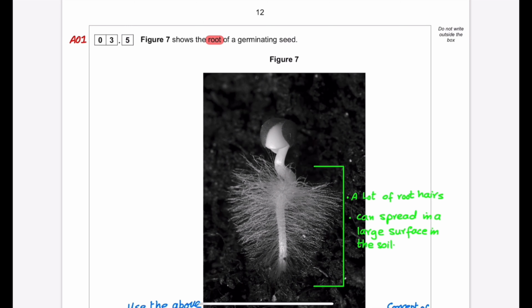The question is, describe 2 ways the root is adapted to absorb water efficiently. Here, the student needs to use the concept of osmosis and diffusion and the specialization of a cell. So the root here is a specialized cell, so it has a specific function.